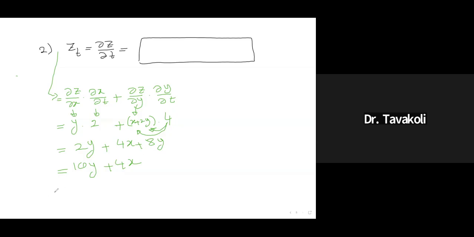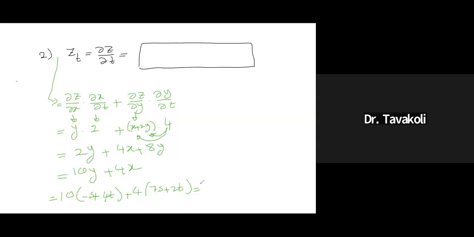I know that y is minus s plus 4t, times 10, and x is 7s plus 2t, times 4.